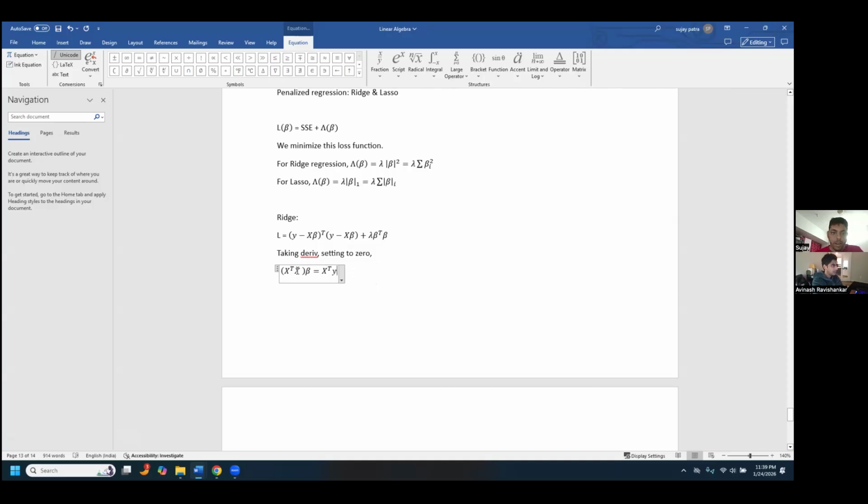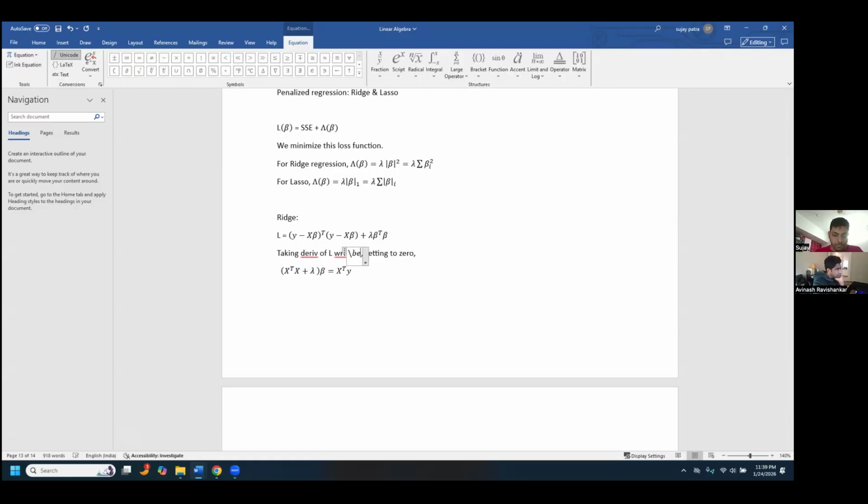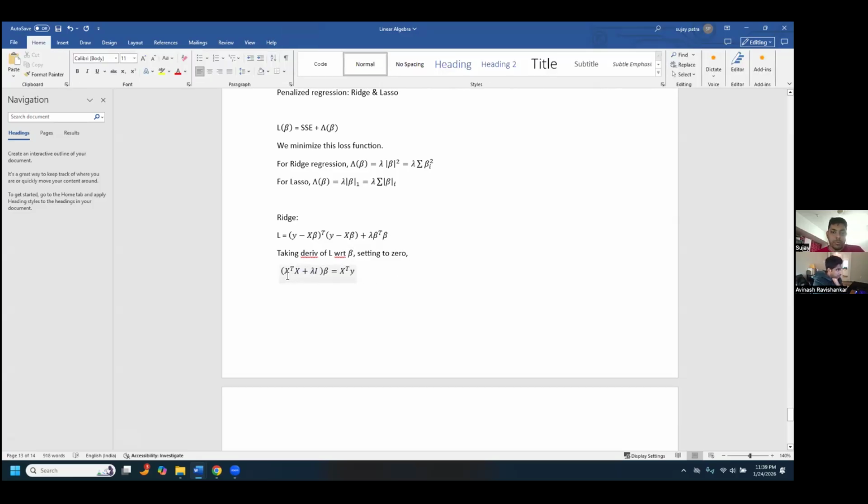Now we'll have x transpose x plus lambda times the identity. We're taking the derivative with respect to beta. We end up with x transpose x plus lambda I, times beta, equals x transpose y. That's where lambda appears.